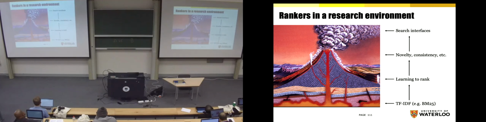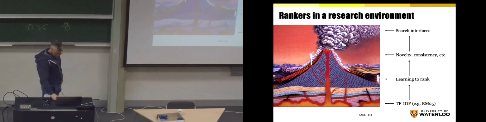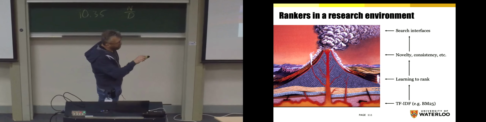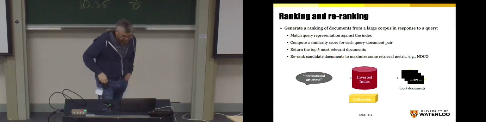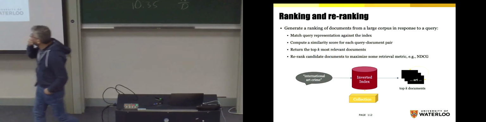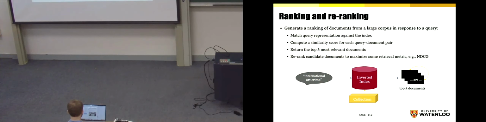This part is more like machine learning, and this part, as you saw, is more like HCI, human-computer interaction research. Okay, let's go up to about that level there, and talk about how the pieces would fit together in a research environment.